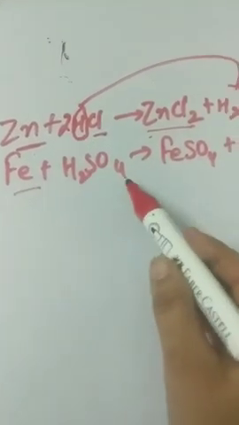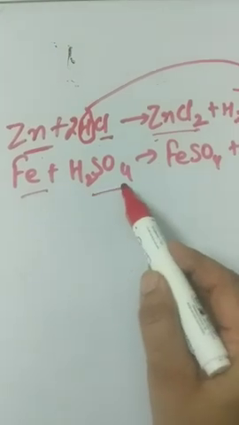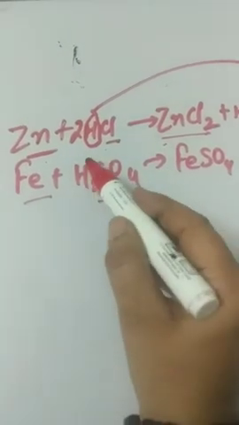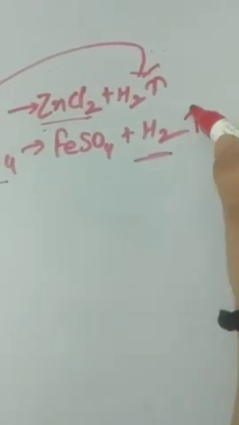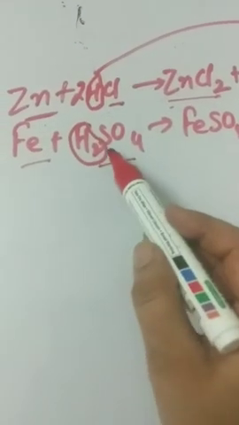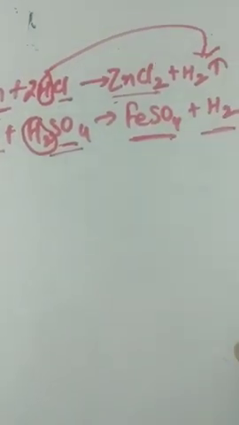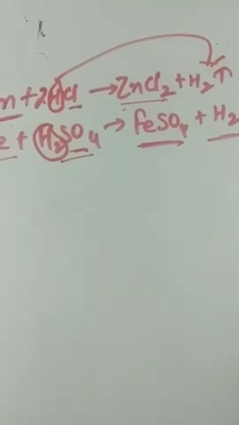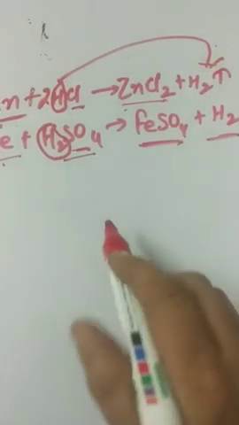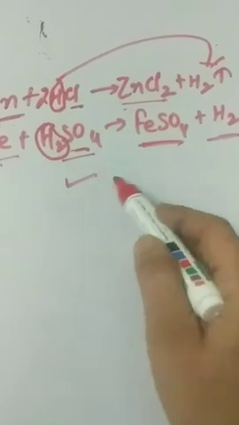Similarly with iron, when dilute sulfuric acid is added to it, it displaces hydrogen from the acid in gaseous form, and the sulfate group combines with iron to form iron sulfate, or iron 2 sulfate. In this way, these less active metals displace hydrogen from the acid.